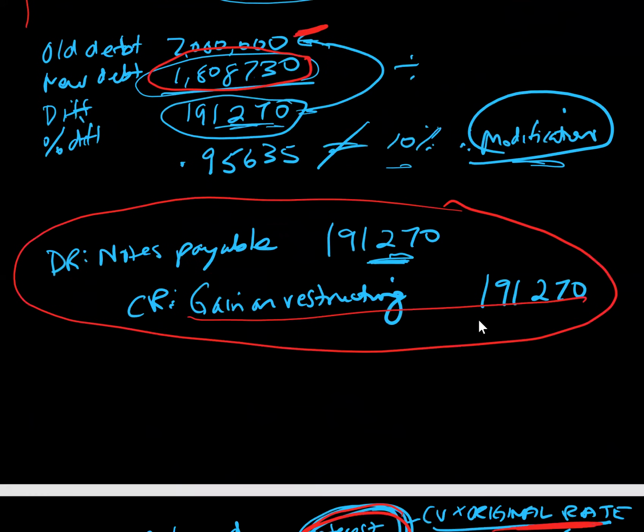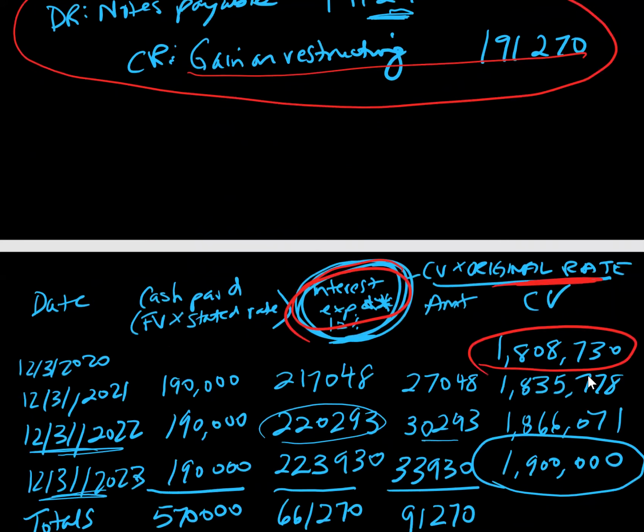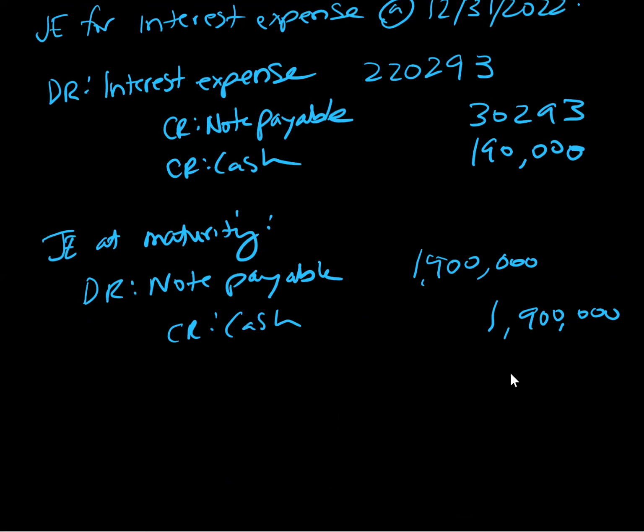Now, IFRS records this entry on day one of the debt modification, which is to change the value of the note payable on the statement of financial position and recognize a gain through the income statement so that the debt is recorded on the statement of financial position at the new present value from day one. ASPE does not do that.